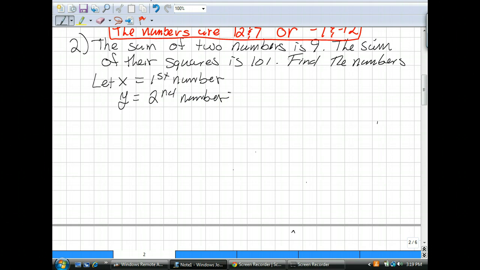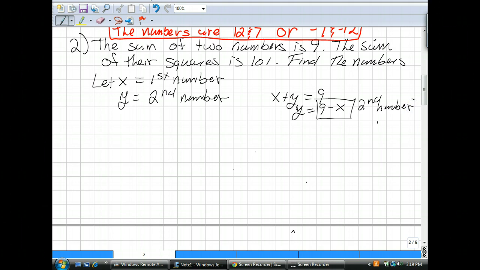But we want our equation to be in the same variable. So we know that x plus y has to equal 9. That's what the first sentence says. So now solve that equation for y, and we get y is equal to 9 minus x. So this now represents the second number.